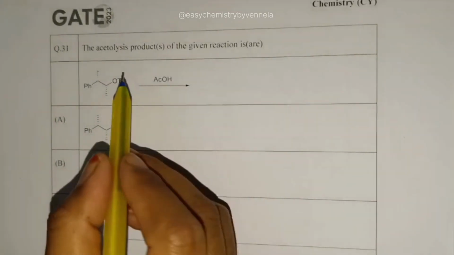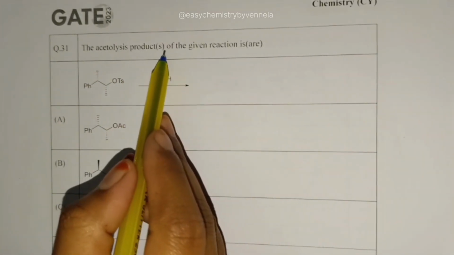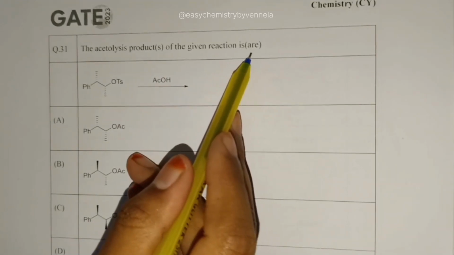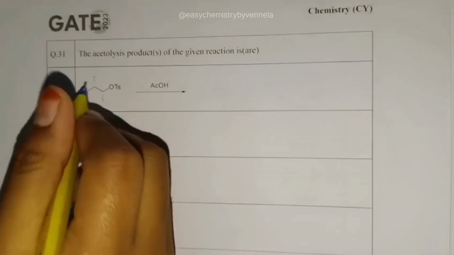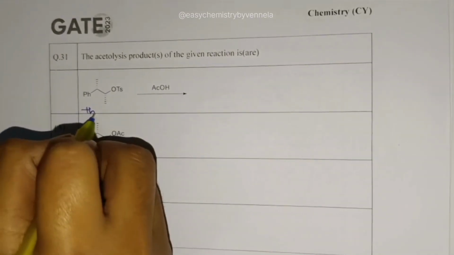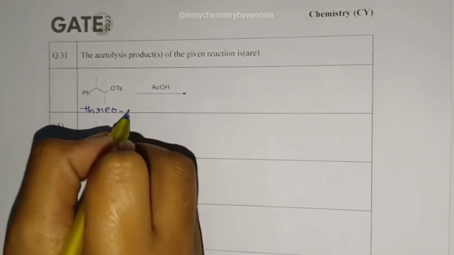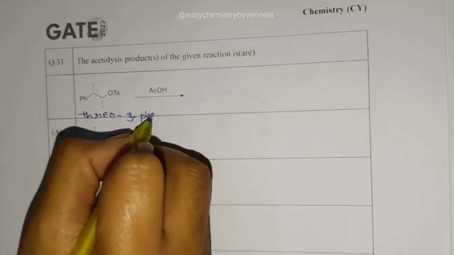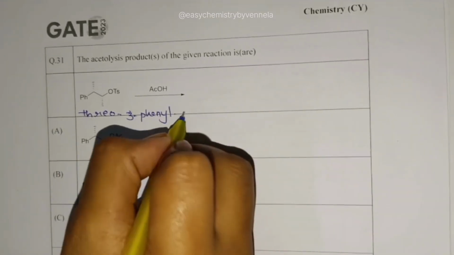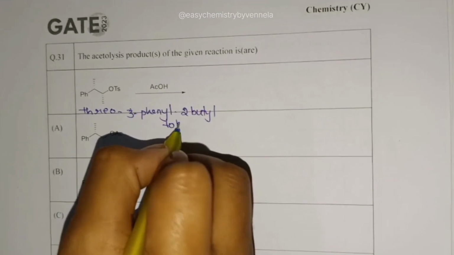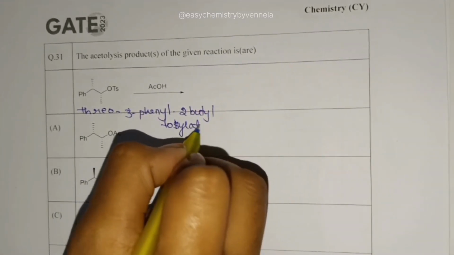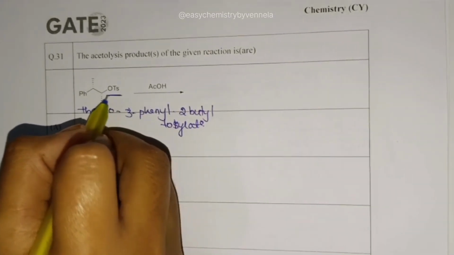Next question. The acetolysis product of the given reaction is. It is threo-3-phenyl-2-butyl tosylate. Here tosylate is an excellent leaving group.